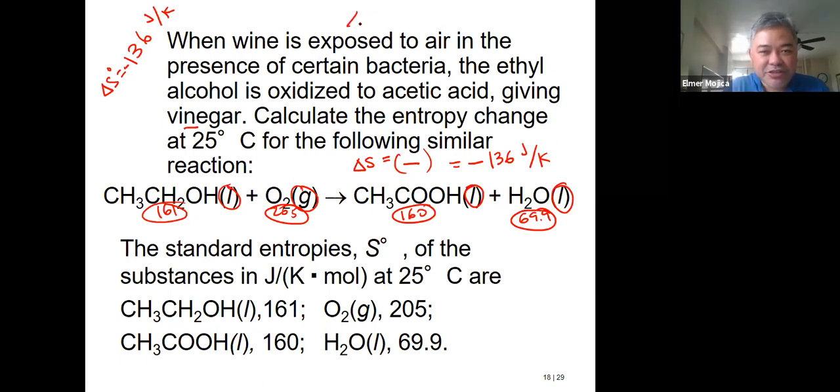Remember, the delta H will just tell us if it's endothermic or exothermic. And then the delta S would tell us if it's more ordered or more disordered. But we don't have a physical quantity yet that tells us whether a system is spontaneous or not.